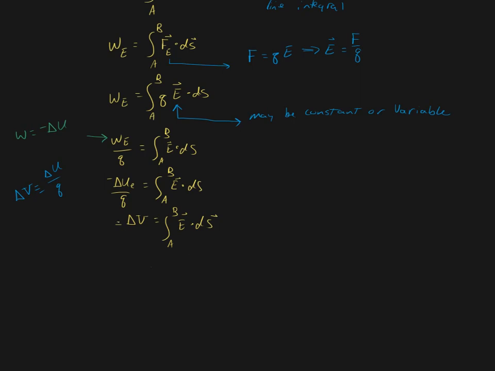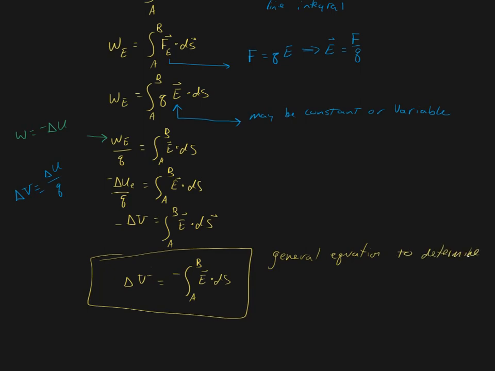And then finally, we want to get this negative sign on the other side so that we get our potential difference is equal to minus the integral from a to b of E dot ds. And this is our general equation to determine the potential difference for any electric field.